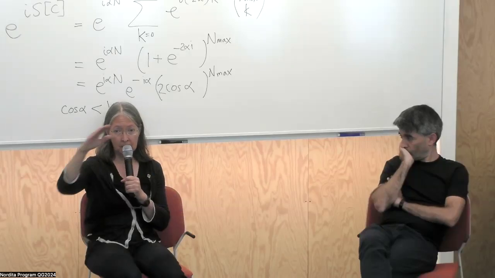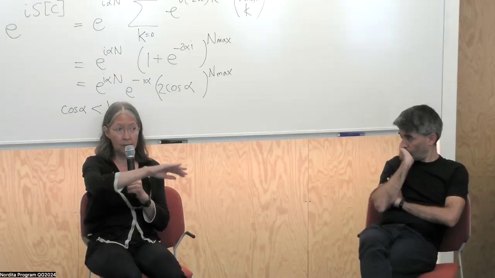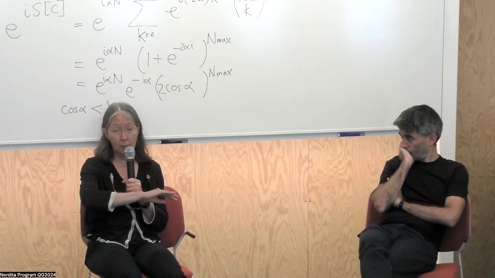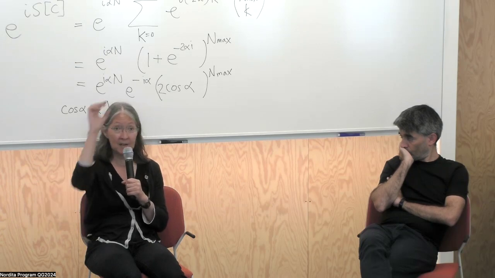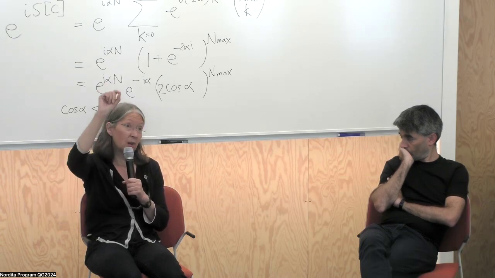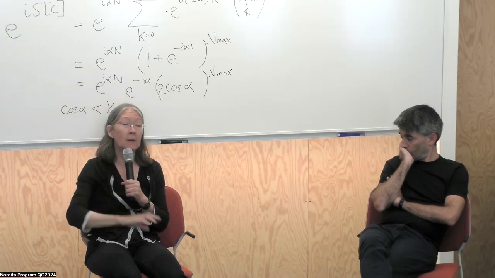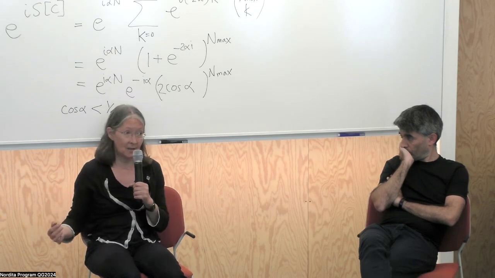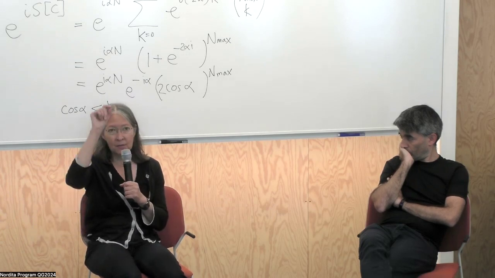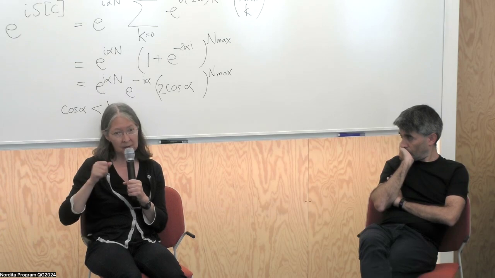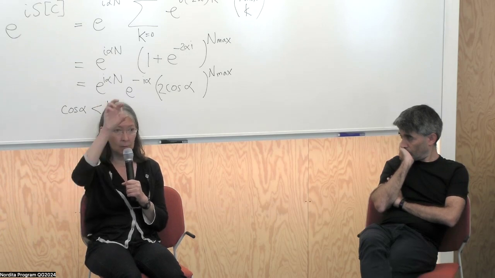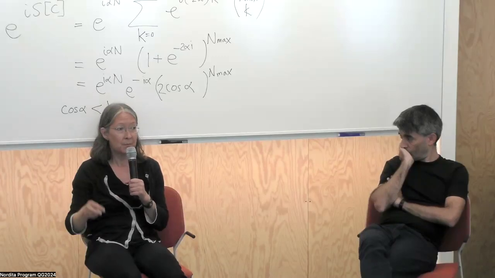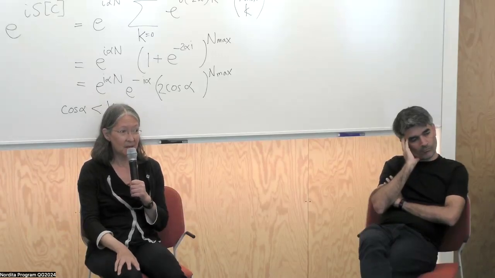You sum the values of the field over all of the nearest neighbors, and you weight that with a particular number and add it to the value of the field or subtract it from the value of the field at the point. And then you do that for the next nearest neighbors, and then the next. And the magic of those particular coefficients that you choose gives you something which in the continuum limit gives you the D'Alembertian acting on the scalar field. Specific numbers.